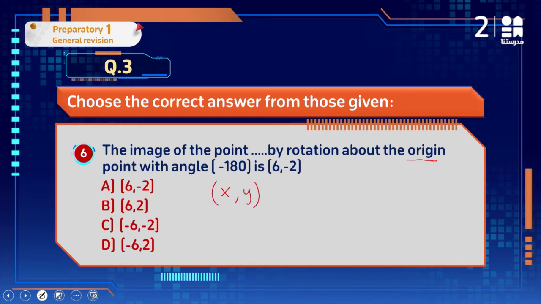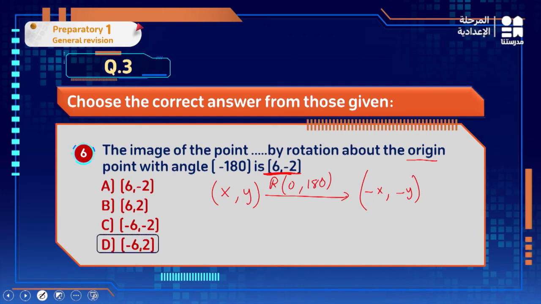For (x, y), rotation about the origin by 180, change the sign of x and y. So it will be negative x and negative y. The image here is (6, negative 2). To return it back, we also need to change the sign. So it will be (negative 6, 2). So the correct answer is D.